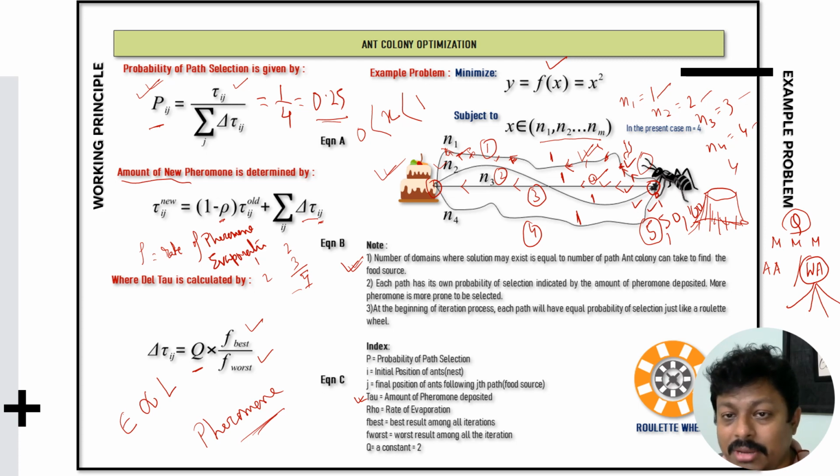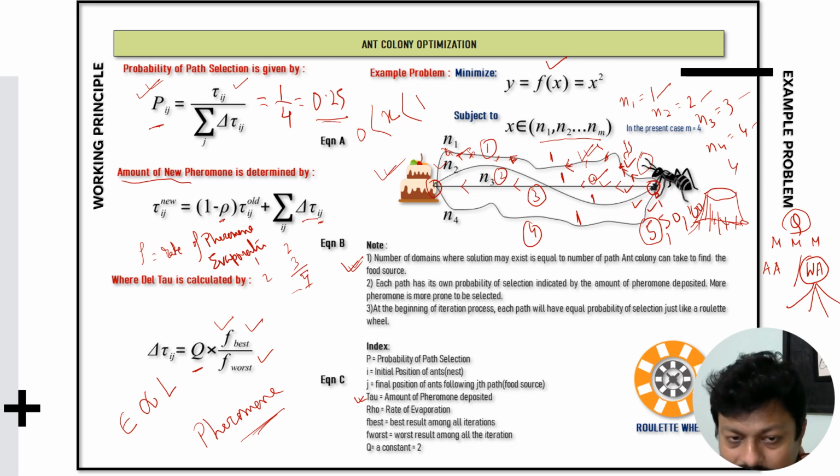As this is a minimization function, when the function value is very low, very minimum, then it is best, so write that exact value in the numerator. And when it is very high, the highest, write that highest value in the denominator.